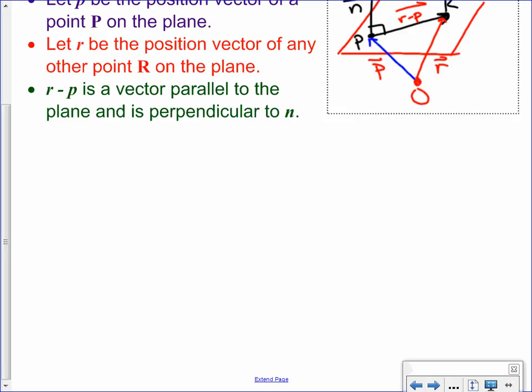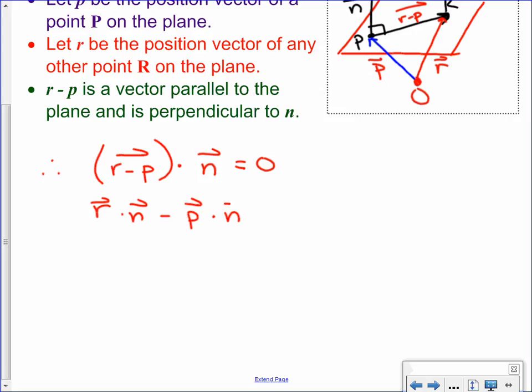So if RP is a vector parallel to the plane and perpendicular to n, then R minus P dot n is equal to 0. Using the distributive rule, R dot n minus P dot n is equal to 0. So R dot n is equal to P dot n.